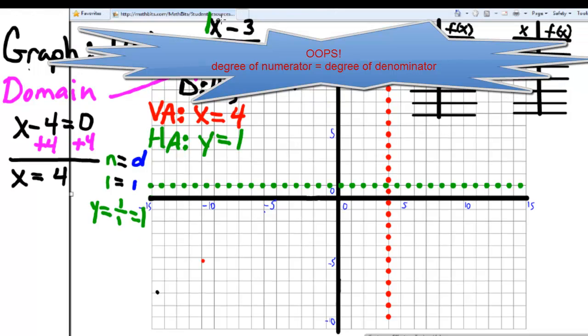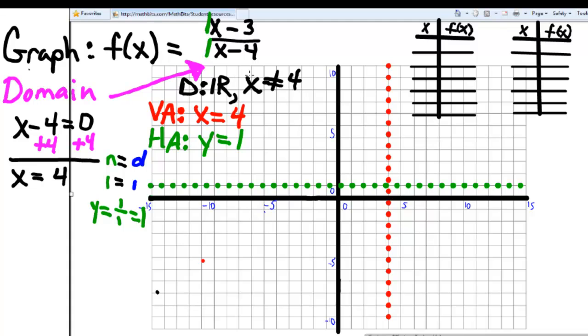The coefficient of the highest degree is 1. In the denominator, the coefficient of the highest degree is also a 1. Therefore, y is equal to 1 over 1, which is 1. So the horizontal asymptote is y equals 1. Draw the horizontal asymptote.